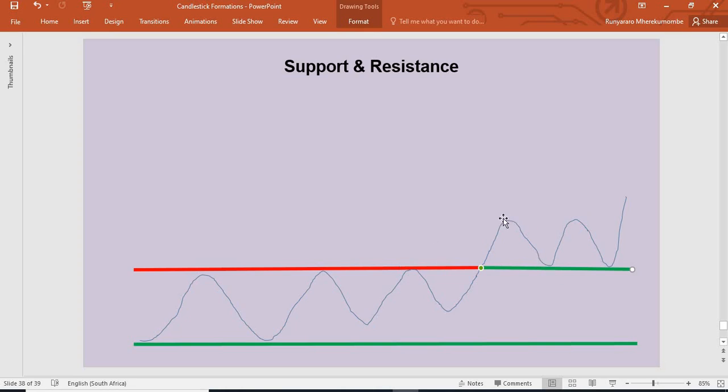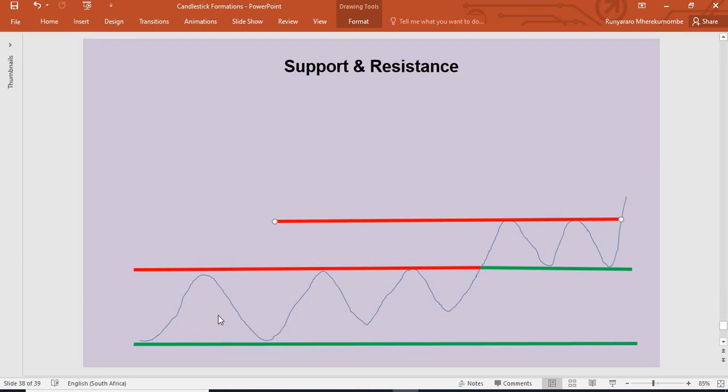Then we look for another range here, probably at this level, and say we are going to move resistance to a newer level, which would be on this level here. Now it went on to be broken again at this point here, so we would have another support line moving from here to this point. So this is what happens when resistance is broken, it becomes the new support.